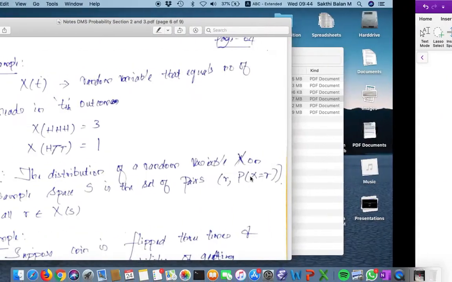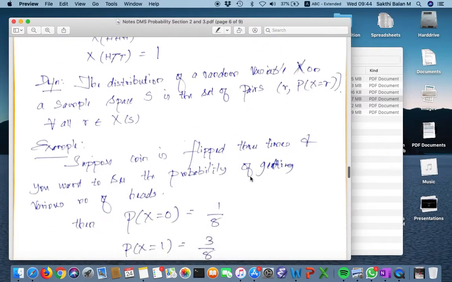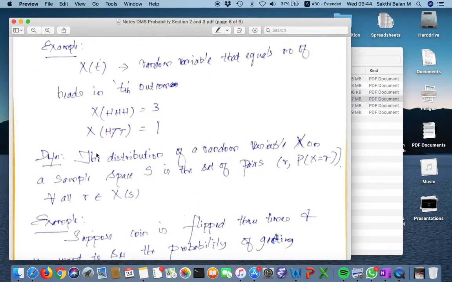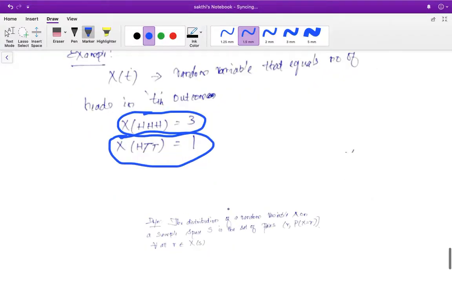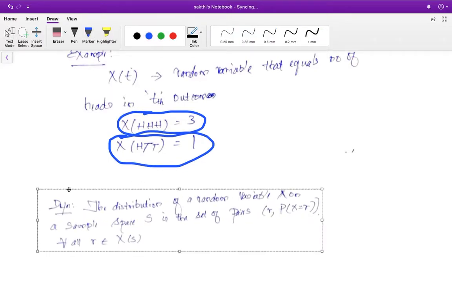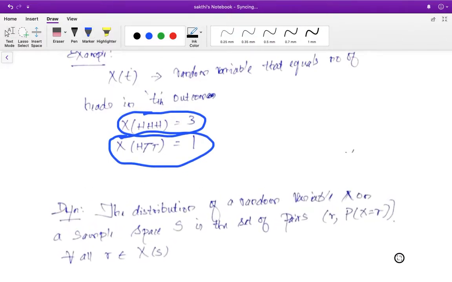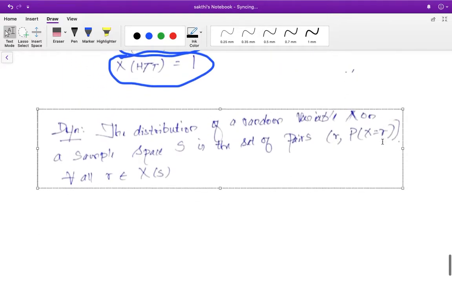Another example we can give, but before that, let me define what we mean by a distribution. What is a distribution?